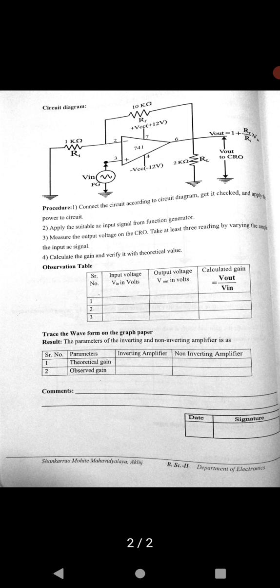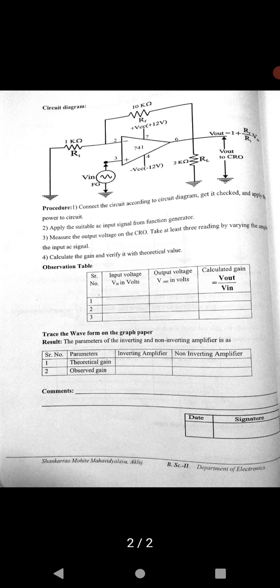Then the procedure. Connect the circuit according to the circuit diagram, get it checked and apply power to the circuit. Then apply the suitable AC input signal from the function generator. Then measure the output voltage on the CRO. Take at least 3 readings by varying the amplitude of the input AC signal. Then calculate the gain and verify it with the theoretical value.